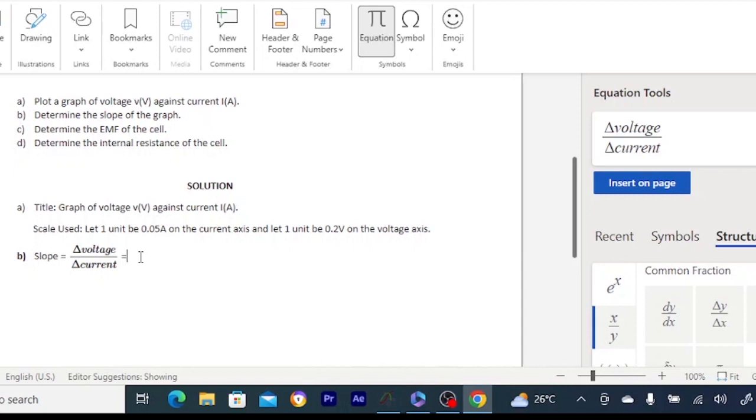And that is equal to V2 minus V1 all over I2 minus I1.